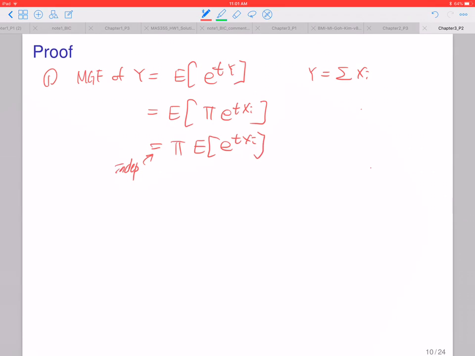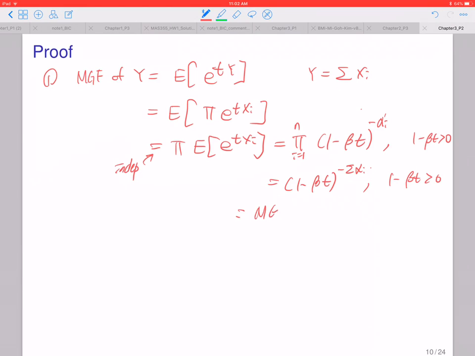Then use the property of the gamma distribution, (1 - beta t)^(-alpha_i), so that is (1 - beta t)^(-summation alpha_i), which is the MGF of a gamma distribution with beta. So that gives the proof.